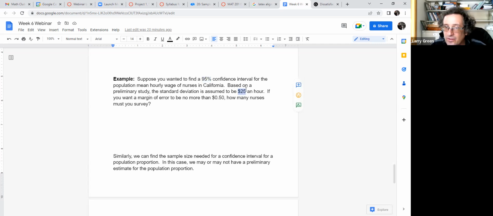So either you do a preliminary study, which means you might ask 20 nurses, and just use that as your best guess for the standard deviation, or you do research to get an idea. But if you don't know what the standard deviation is, you cannot answer the question. Does that make sense? Okay, it just can't be done.